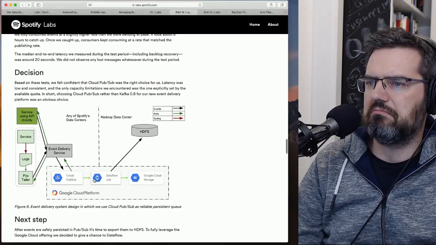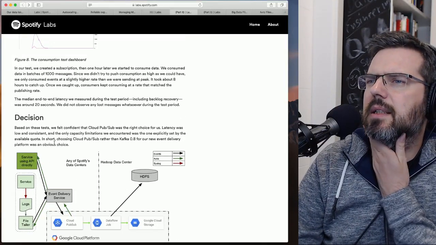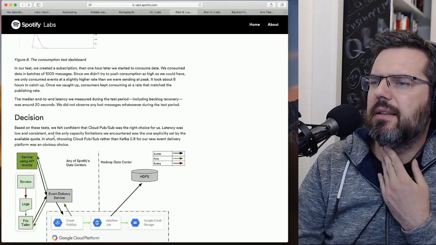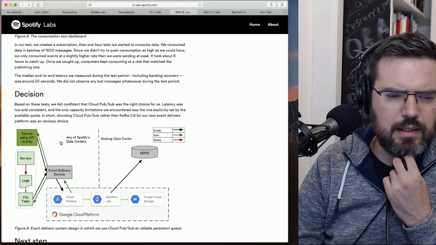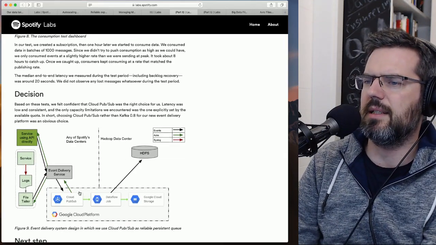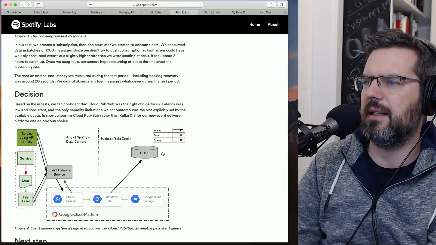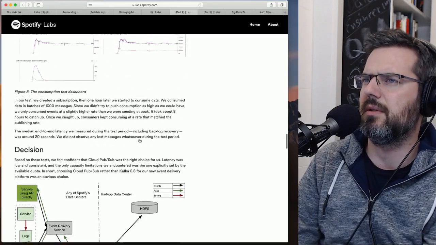So I'm guessing 20 seconds end-to-end. I'm guessing end-to-end here is from the event service into PubSub and then forward to HDFS, but I'm not 100% sure.